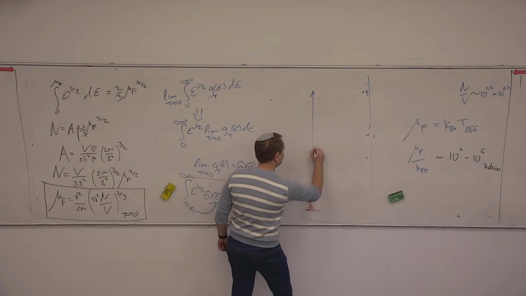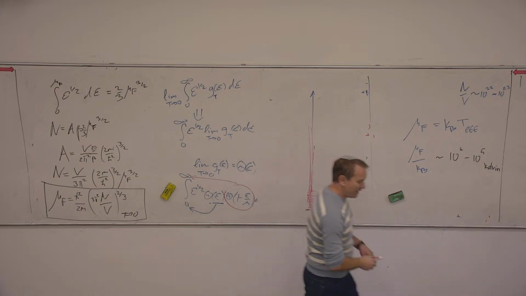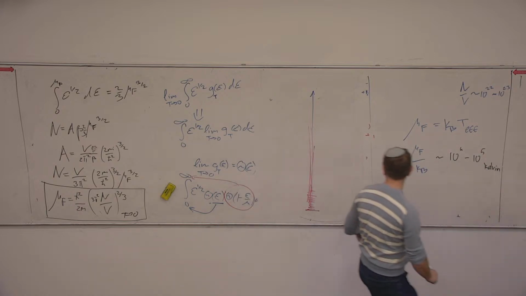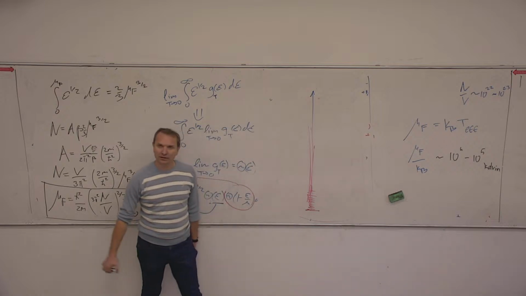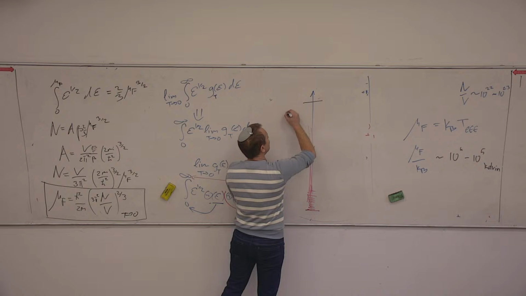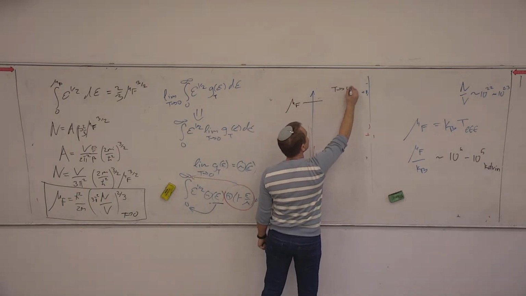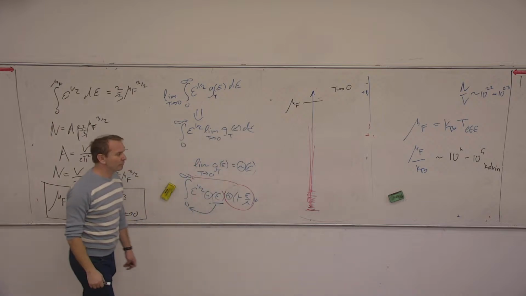Now, we know that all the lowest levels up to some specific mu Fermi in the T goes to 0 limit are full.